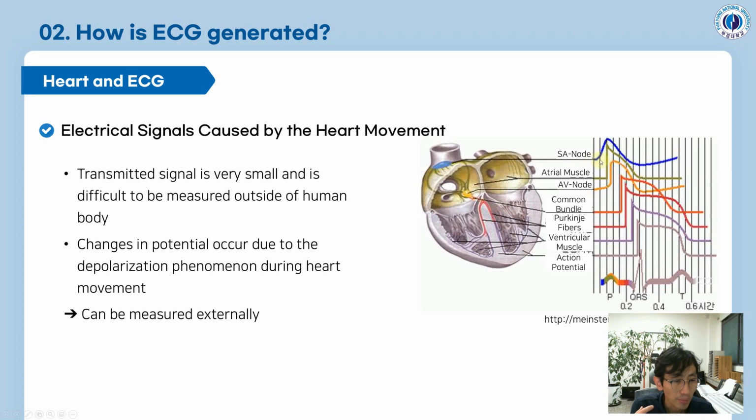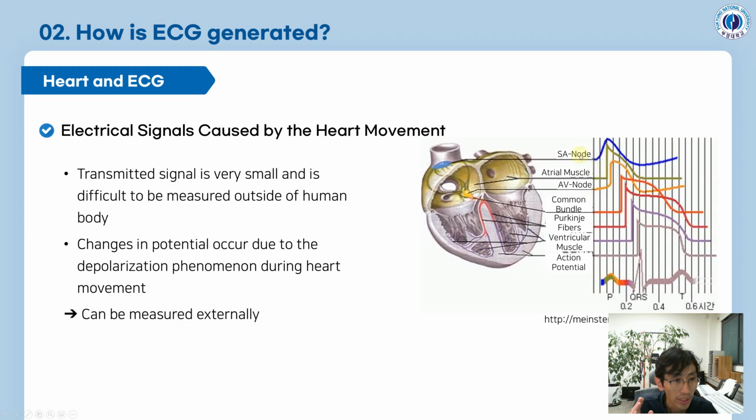You see there are lots of signals here. When the sinus node generates the signal, this signal is pretty small here, you see, but when it starts to stimulate the muscles, then you see the muscle signals here, the arterial muscle signal here, and the AV node signal here, and you see the signals occur gradually, so shifted.